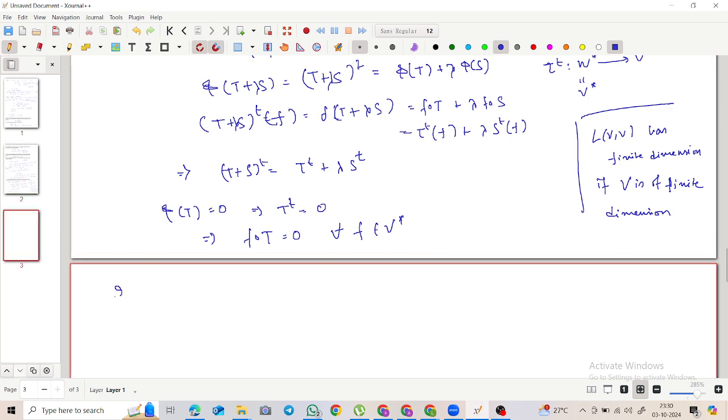So if T is not identically 0, then what should happen?